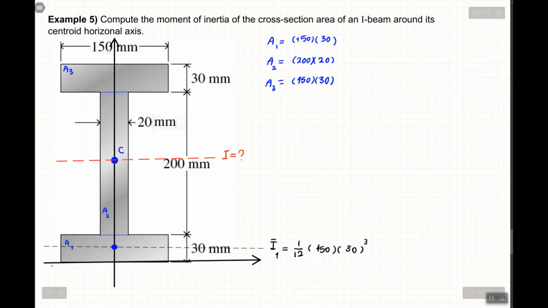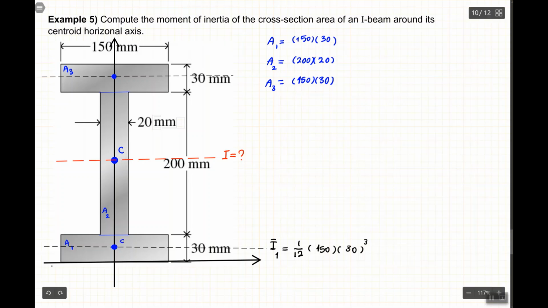So I'll do similar things for the one at the top. So we know that this is the axis that passed through the centroid of that, right?